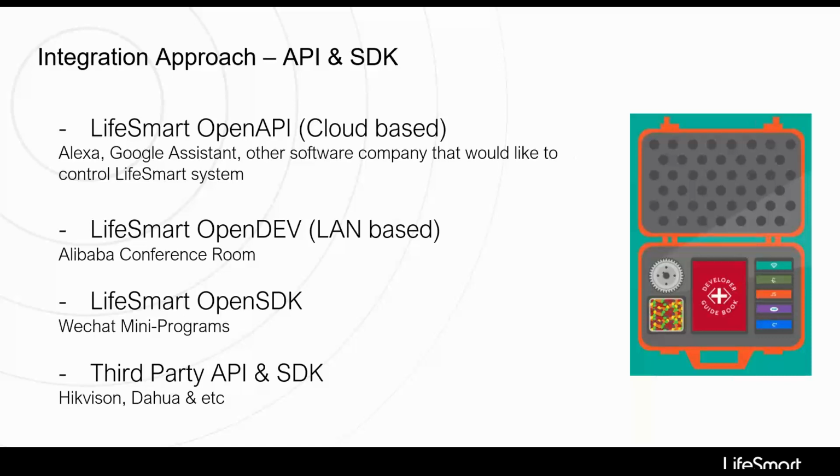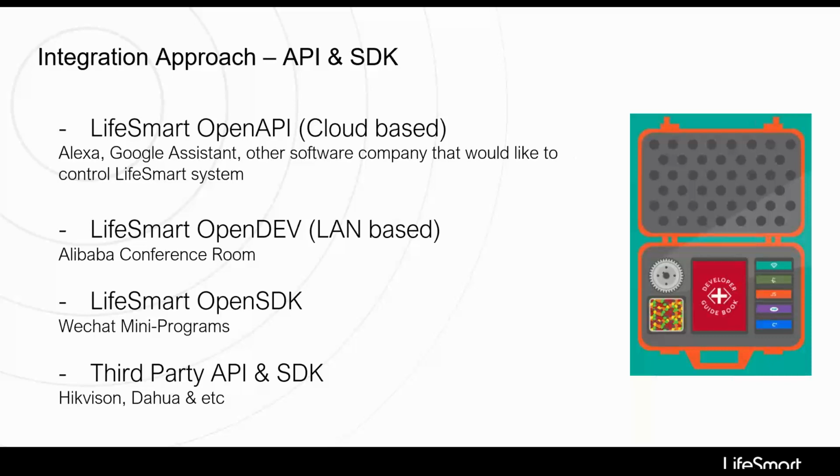This is mainly for third-party software. For instance, the social media app WeChat would like to integrate different kinds of systems into their app. They utilize LifeSmart Open SDK to put a LifeSmart mini program inside their app, so users can use WeChat to control LifeSmart systems.